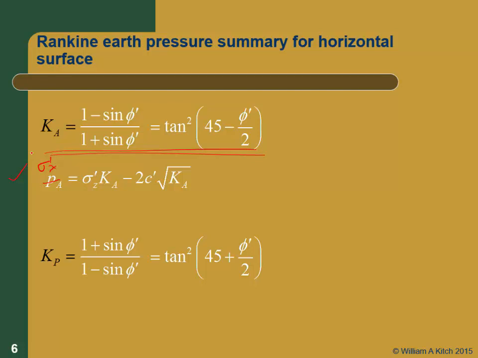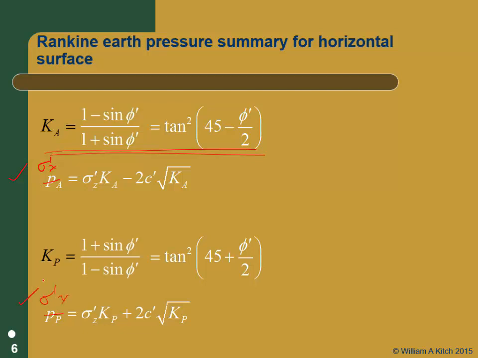I'm jumping ahead to walls, and we haven't got to walls, we're just doing earth pressure. And Kp is going to be 1 plus sine phi over 1 minus sine phi, which is also equal to tangent squared of 45 plus phi over 2. And I think this one's wrong too. This should be sigma prime x.